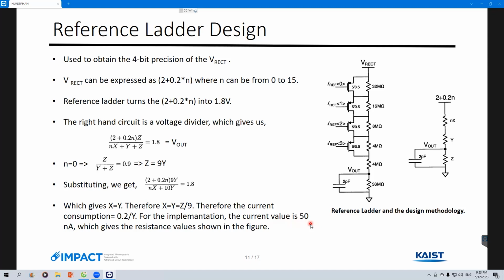This comes from the power we want to provide. It is the current consumption, isn't it? Yes, times 0.2.